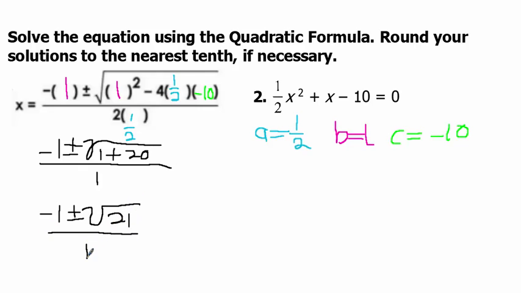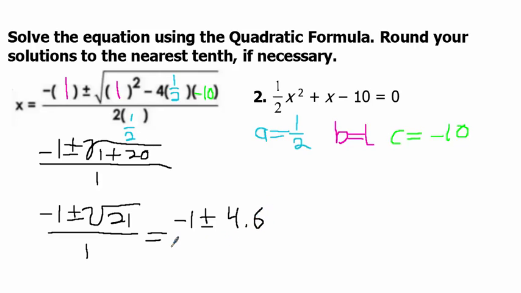And that's not a perfect square. So I am going to grab a calculator and clean that up. I know I'm expecting it to be between 4 and 5. And since they want it rounded to the nearest tenth, it is 4.6.